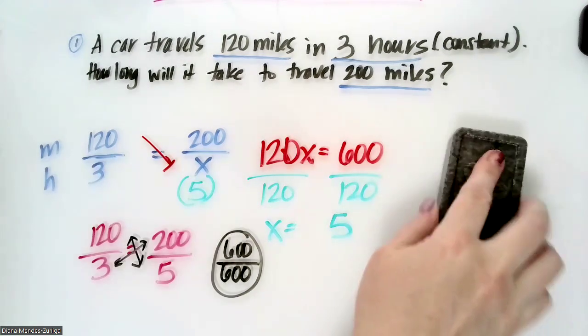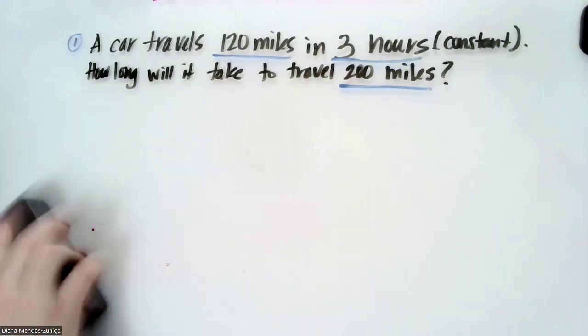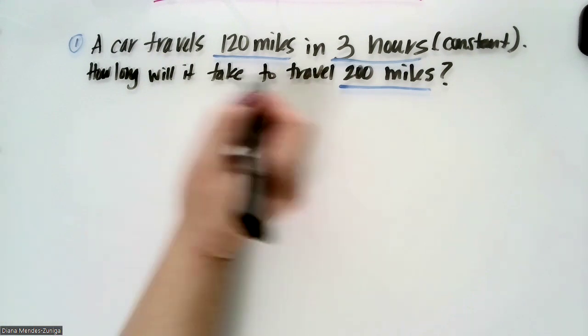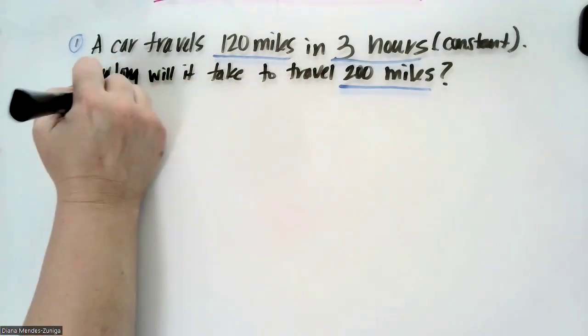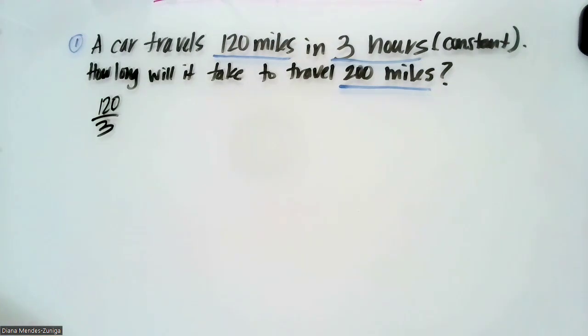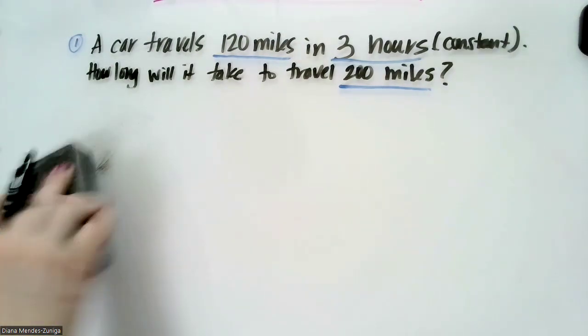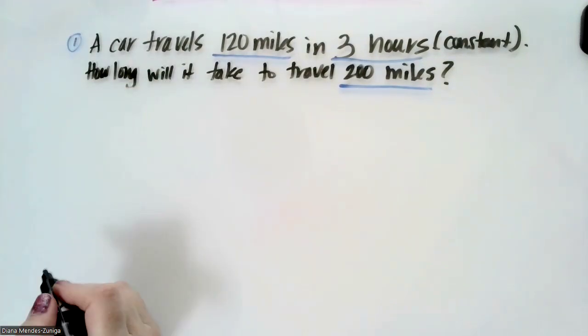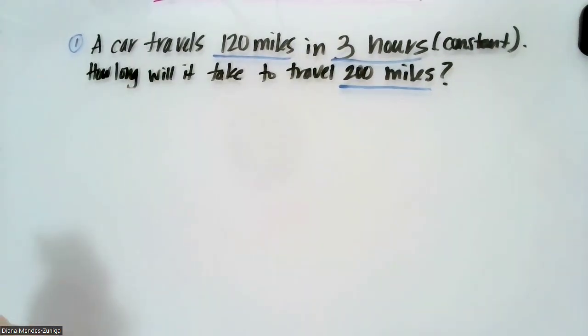Now let's see if this will work if we go the other way. Now let's say that instead of doing the 120 over 3 like we did before, we do it the other way. Let's say we don't know which one goes on top and which one goes on bottom, because that's a common complaint from students, that they don't really understand where to put these numbers.